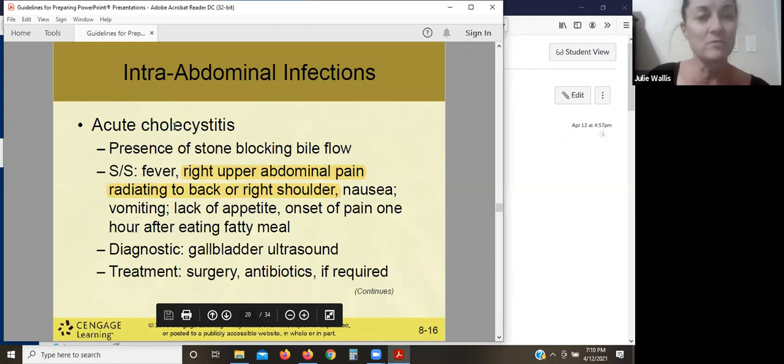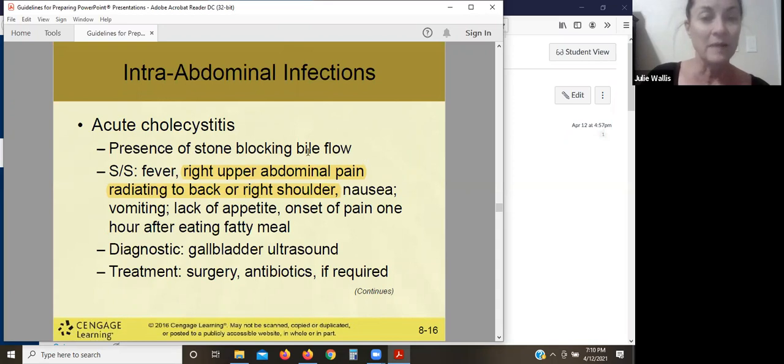And then acute cholecystitis is the presence of a stone blocking bile flow. Bile is the substance that is produced and released into your intestines by your pancreas that helps to digest fat.